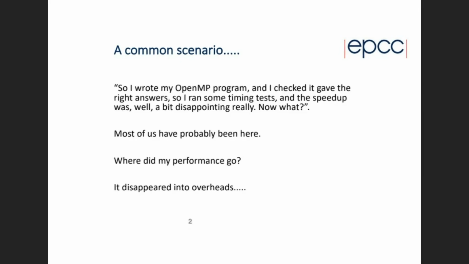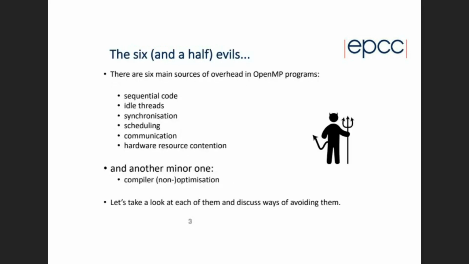So the way I would encourage you to think about this is, where did your performance go? And the answer is that it's disappeared into overheads of one sort or another. That's the way that I like to think about performance problems: what are the possible sources of overheads?